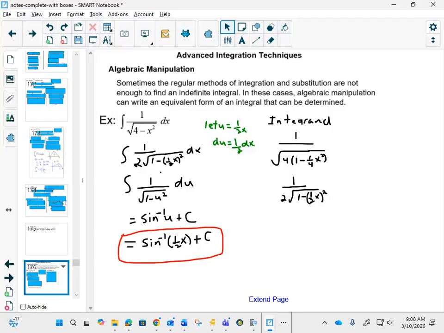These algebraic manipulations do show up a fair bit with the inverse ones, because the inverse ones can be close, but with a number different.